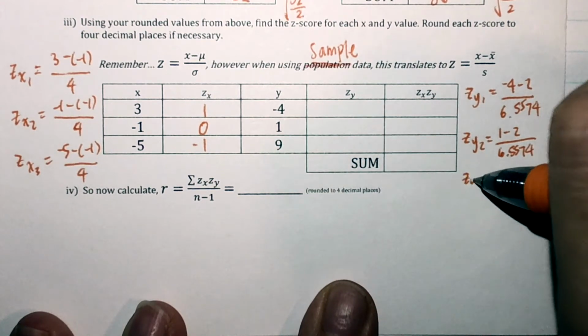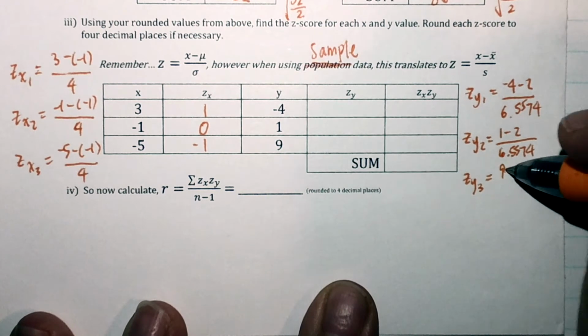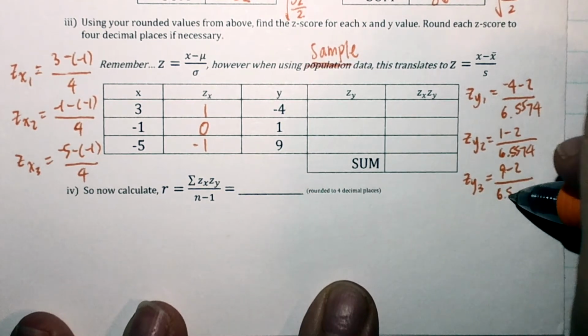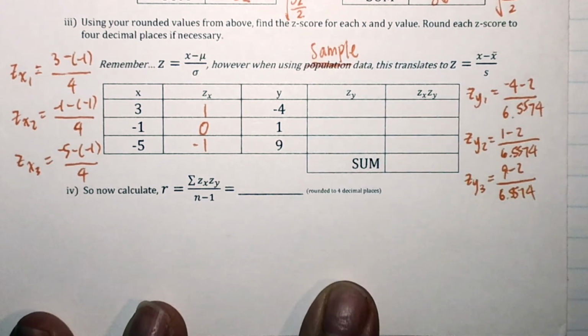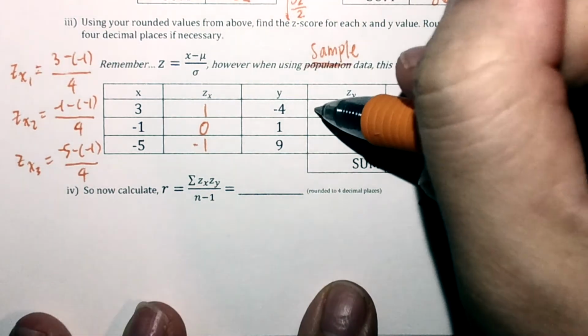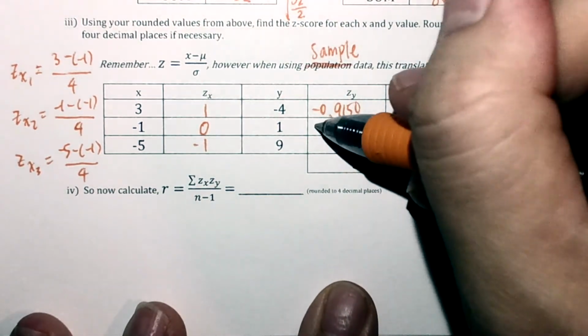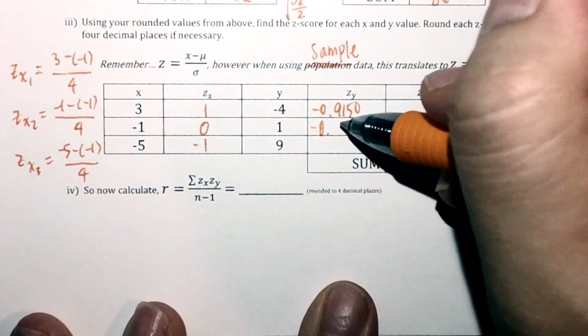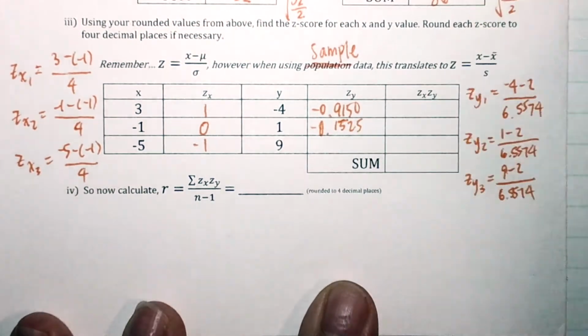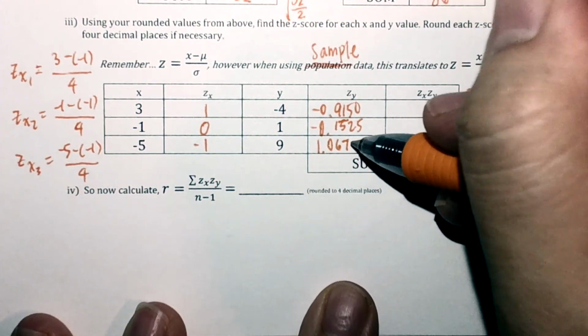And then Z sub y3 is 9 minus 2 over 6.5574. When I simplify each of those, I must admit I will have to use a calculator here. I get -0.9150, -0.1525, then 1.0675.